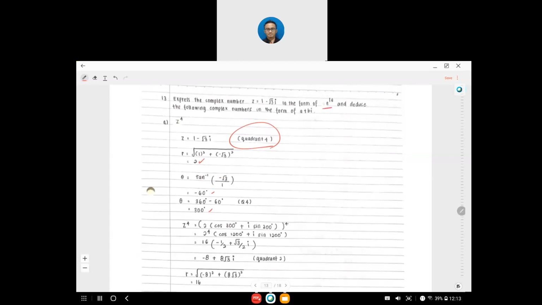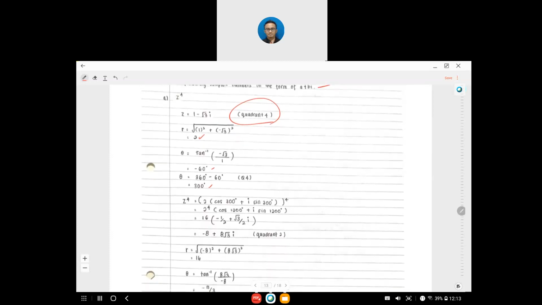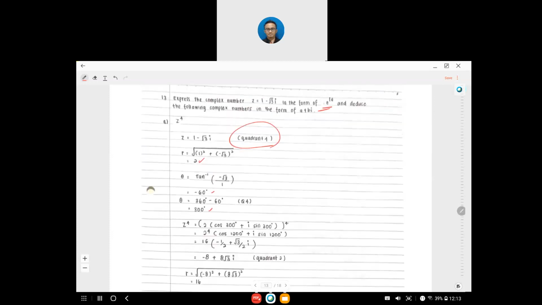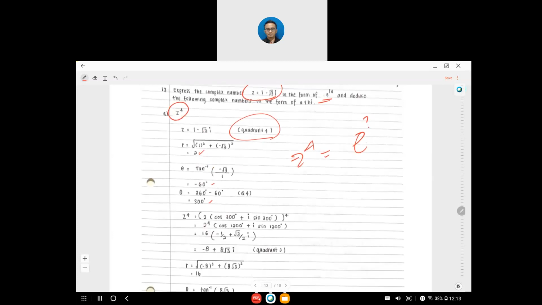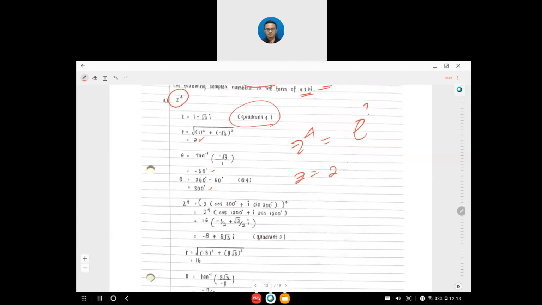It does not want z to the power of 4 in exponential. This z is in exponential. Then solve z to the power of 4 in exponential, then give back the answer in rectangular form. That is the question. So you must first give z in exponential form. So it becomes 2 exponent 300 degrees, which is 5 pi over 3i. Then you solve z to the power of 4 using this.